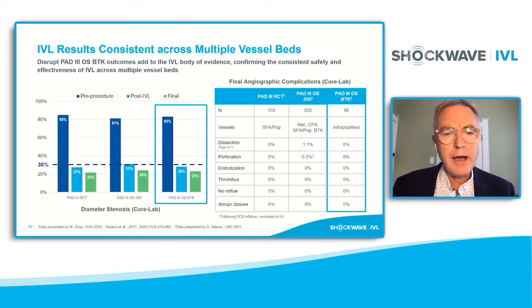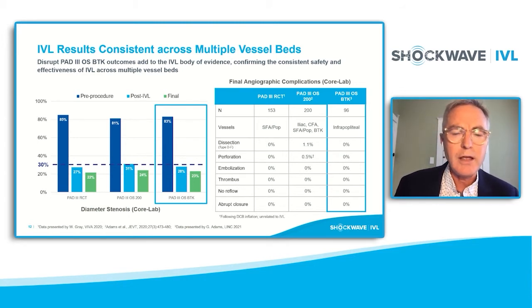If we have a look at the outcomes in this Bologna group with the S4 catheter, we can see it compares very favorably to the overall randomized controlled trial or to the observational registry, where we have this significant improvement from baseline severity of 83% to post-IVL dramatic improvement below the exploratory endpoint of 30%, with an even further improvement after final treatment of 23%.